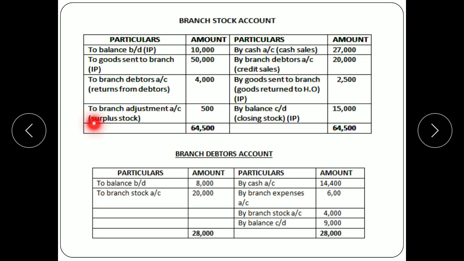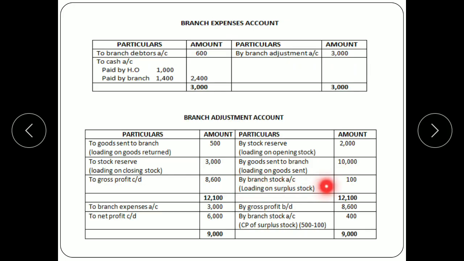Here we also had surplus stock of 500, so loading on this is also calculated and entry is made on credit side. So in the first part all the loading entries have been transferred, total comes to 12,100, and the difference is transferred on debit side, it is written as to gross profit carried down 8,600.